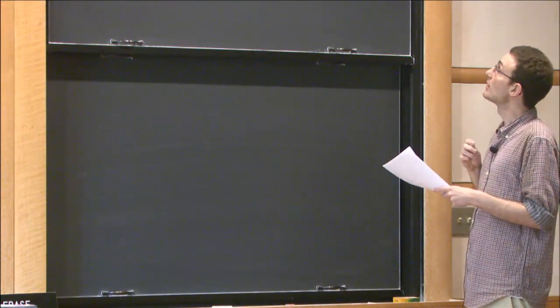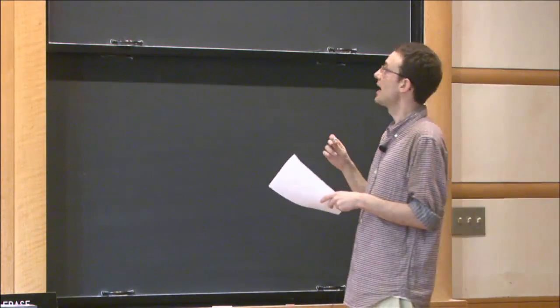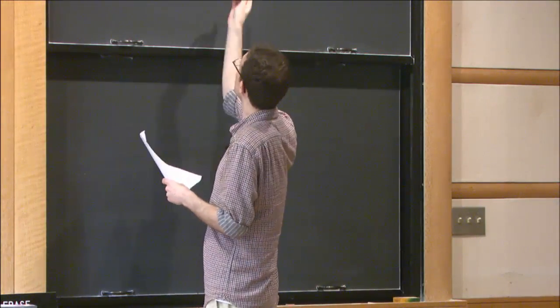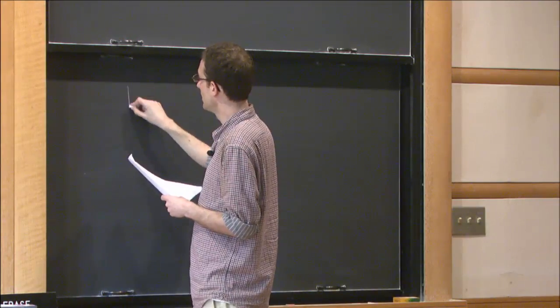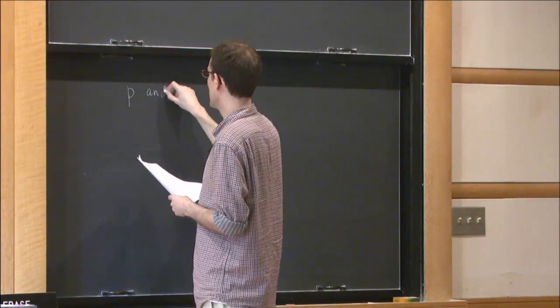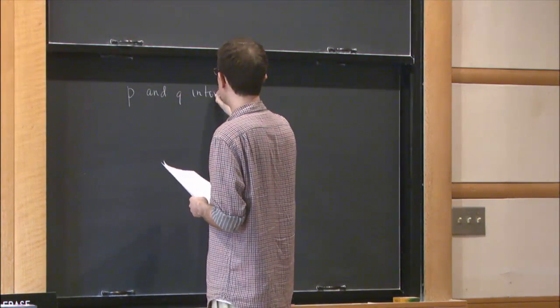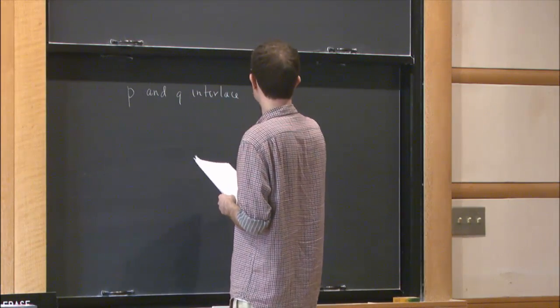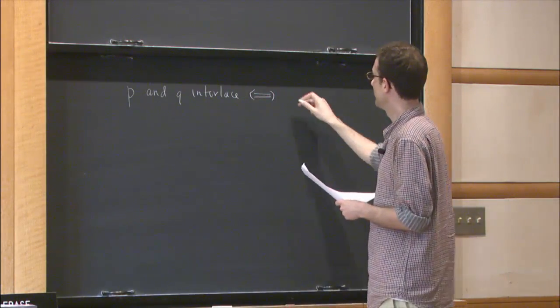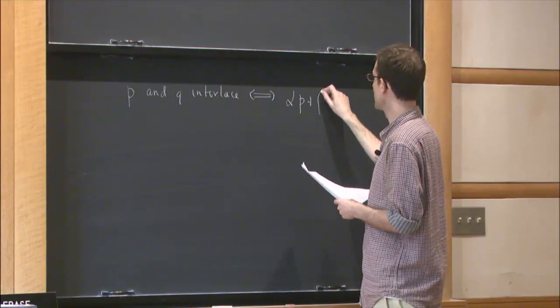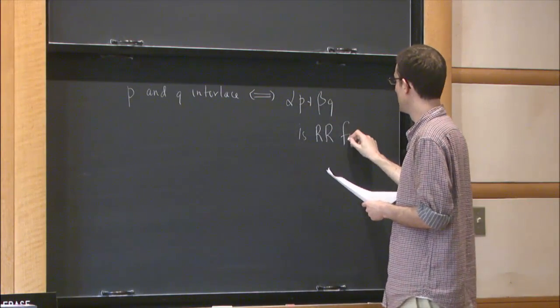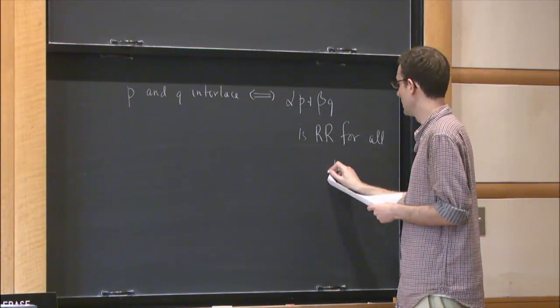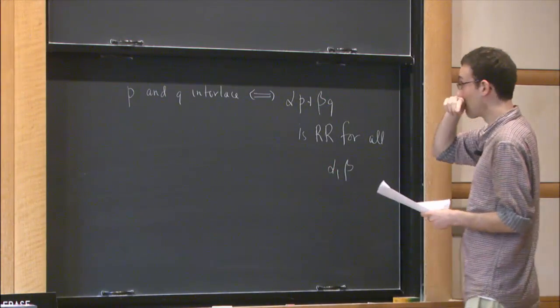And in particular, you can show that there is an equivalent definition: P and Q interlace if and only if alpha P plus beta Q is real rooted for all alpha and beta.